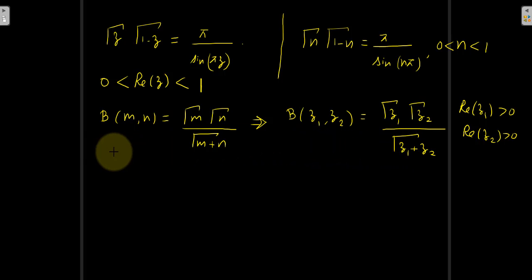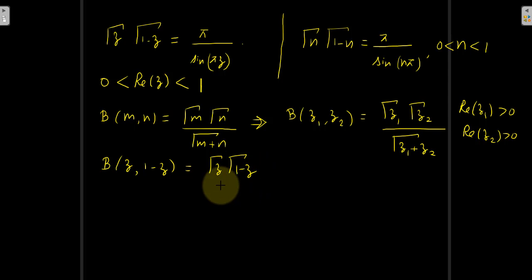Okay, so here what I do is I find the beta function of z comma 1 minus z. This will be equal to gamma z gamma 1 minus z divided by gamma 1, and that gamma 1 is 1, as we have already seen with the help of the Weierstrass definition or Euler's product also.